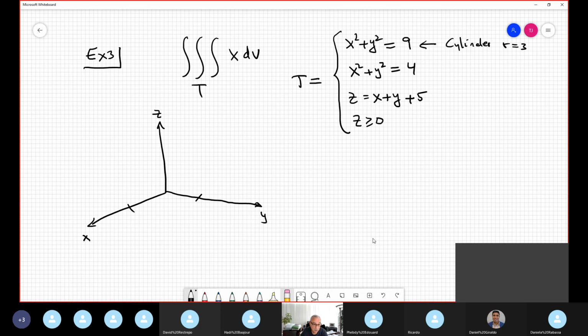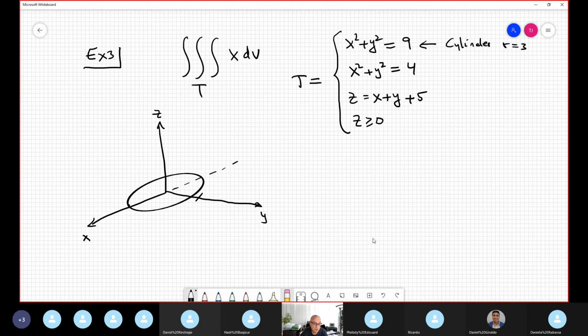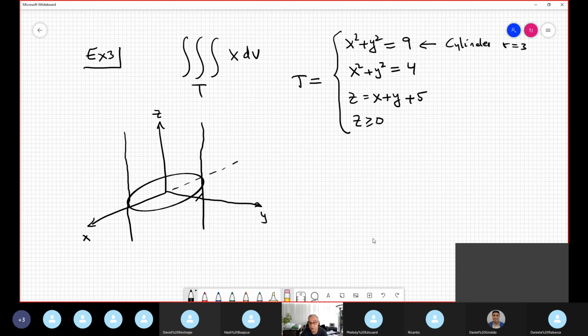Suppose this is 3, this is a cylinder along the z-axis.